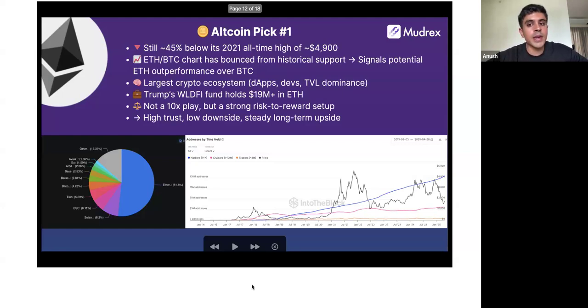And the technicals are showing that it's time for a breakout, right? All of these things make it less risky compared to most other altcoins. So essentially, while the upside may not be wild, the probability of solid returns with lower downside is much, much higher with Ethereum. So that's my first pick. And let's move on to the second one.